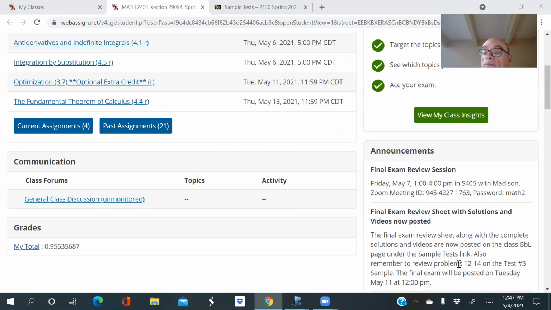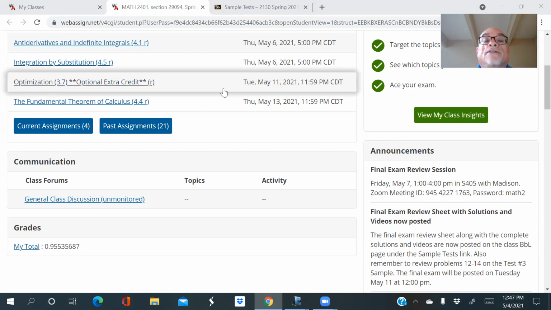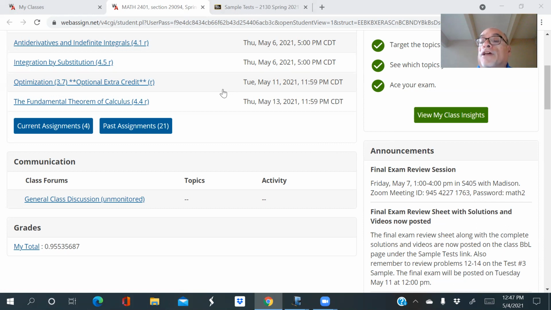Don't forget these problems, 12 to 14, which are about definite integration, which we're talking about right now, that are on the test 3 sample. Remember, at the end of the test 3 sample, there's a note that says these problems will be on the final exam. Those are problems very much like these examples that we're doing right now. And Madison will talk about those and other types of problems at 1 o'clock on Friday, okay? Because that is her final exam review session.